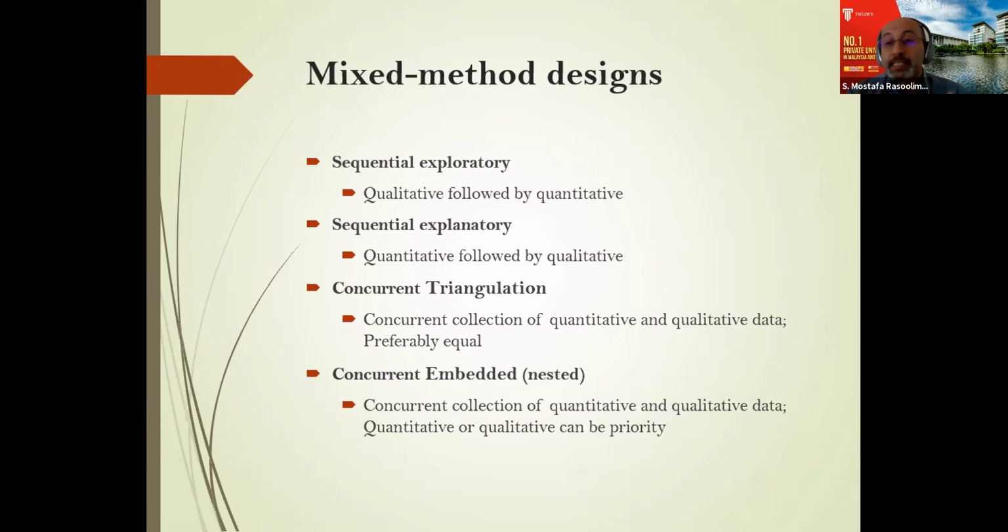There is no sequence for conducting qualitative and quantitative. So we can see the time dimension here, concurrent. So these two designs are concurrent designs. But the purpose of these two designs is different. One is concurrent triangulation.